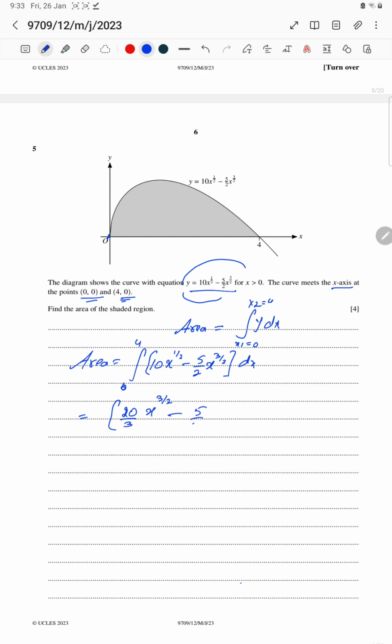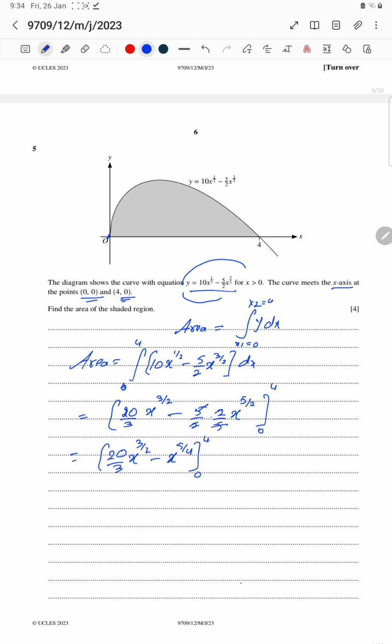Minus 5 by 2 times x power 3 by 2 plus 1, that is 5 by 2, and 2 by 5, with limits 0 to 4. It will be cancelled. Okay, fine. Now finally 20 by 3 x power 3 by 2 minus x power 5 by 2.